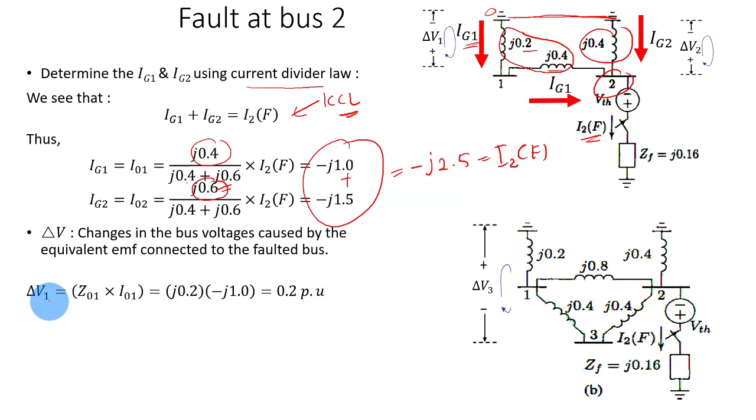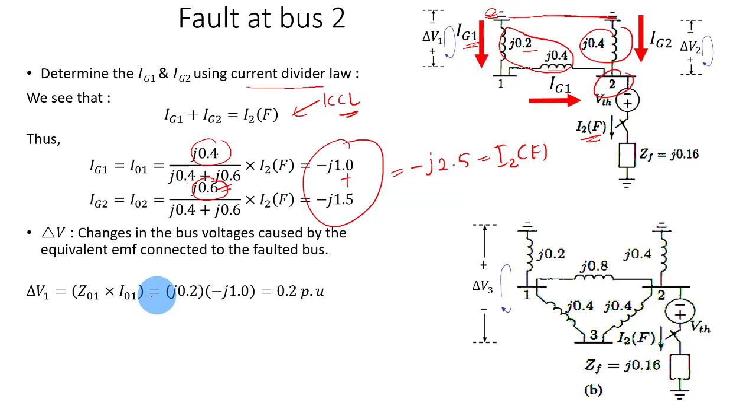Delta V1, the change of voltage at bus number 1, is basically from ground to bus number 1. I think this one has already been explained in the previous example. It's equal to the impedance between the ground and bus number 1, Z01, where 0 means ground, multiplied by the current flowing through the impedance between bus 0 and 1.